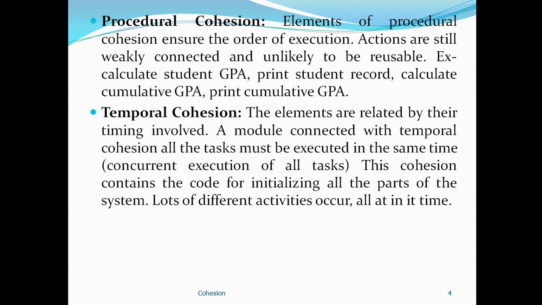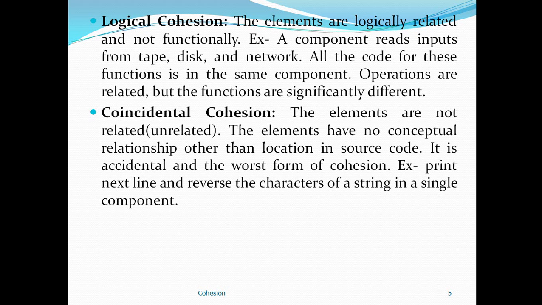Suppose we share the same file and copy some other file; it is not permitted in procedural cohesion. Temporal cohesion means concurrent execution of tasks, where a number of outputs may be obtained, however many tasks are executed, so we may get several outputs at the same time. Such difficult activities are handled by temporal cohesion.